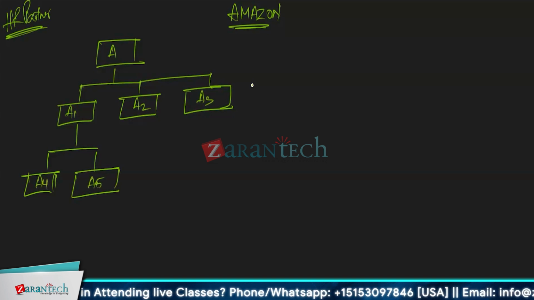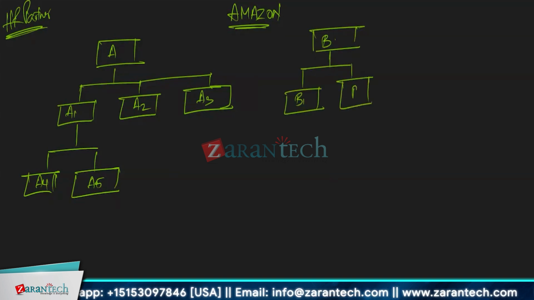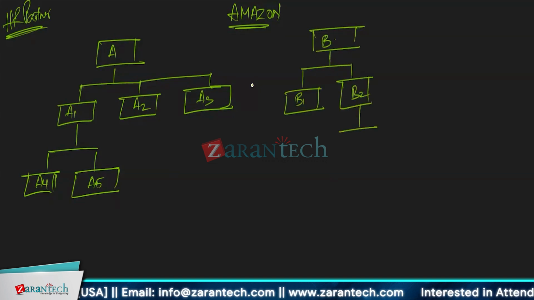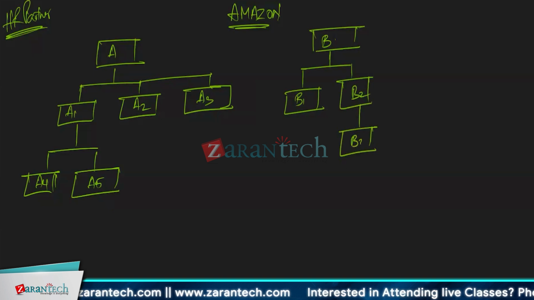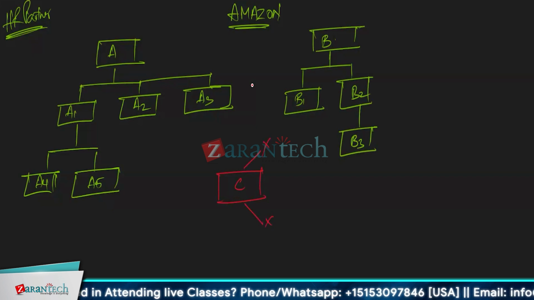You also have an org called B, B2, B3. You also have one org called C, just one org. There is no superior and no subordinate, just an independent org. You just created one supervisory org called C.